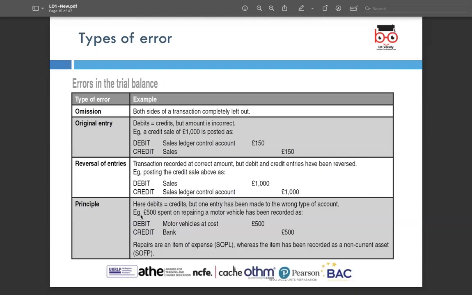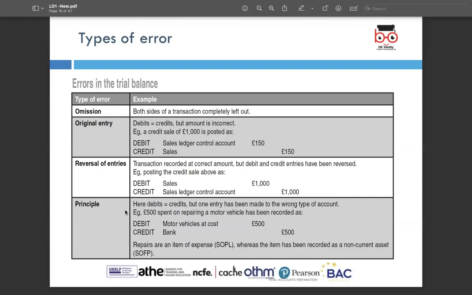Error of principle. This type of error involves recording a transaction correctly in terms of amount and accounts, but in the wrong category.